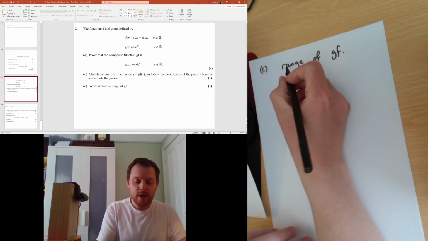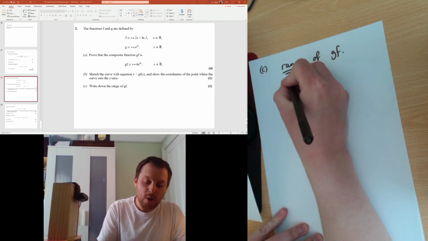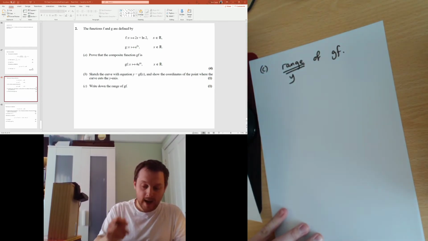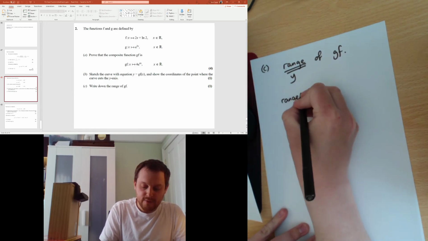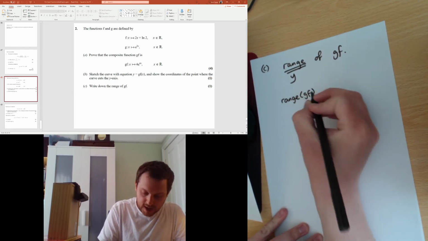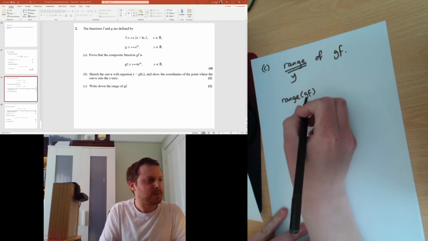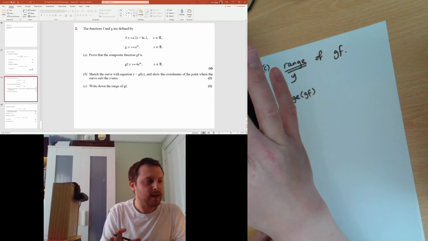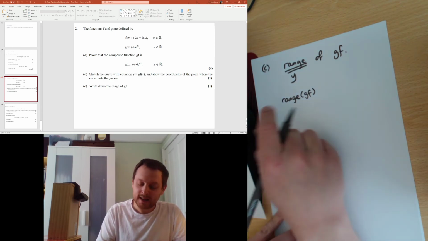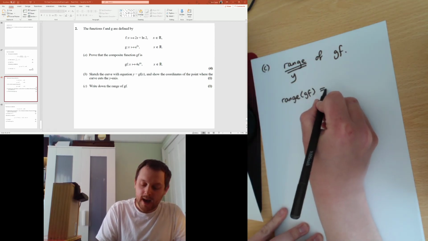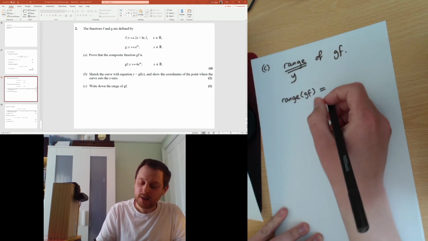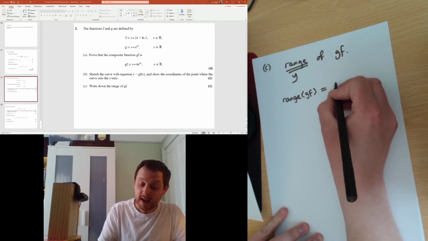So when we're talking about a range, we're asking about y. I think you can literally write range of gf, and sometimes that's shortened to ran, though I'd have to check that. This is all the possible y's, so this is a set.